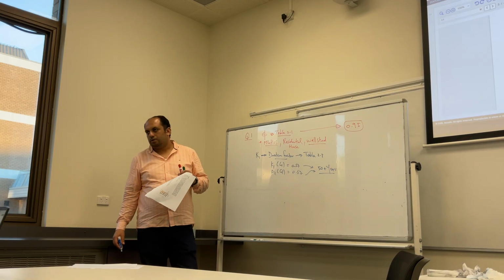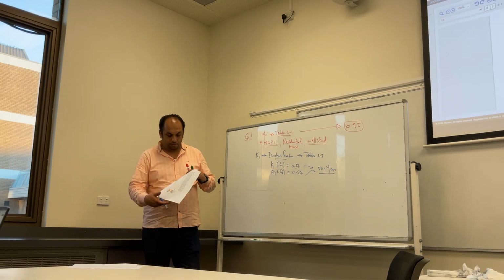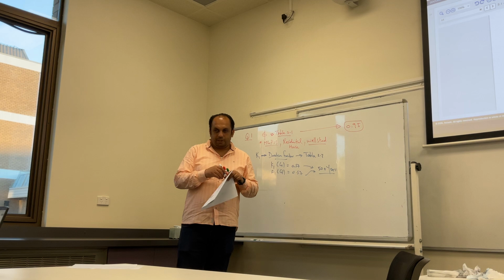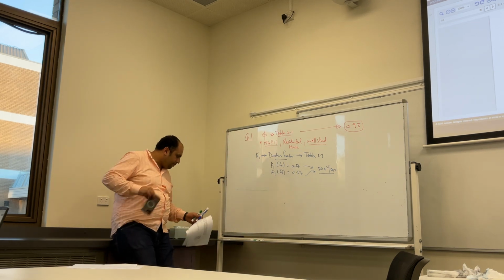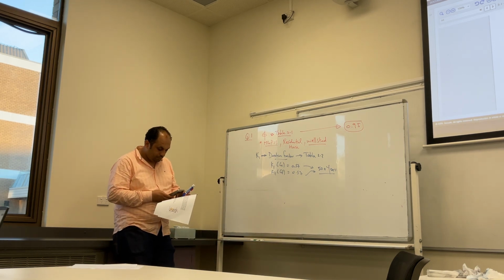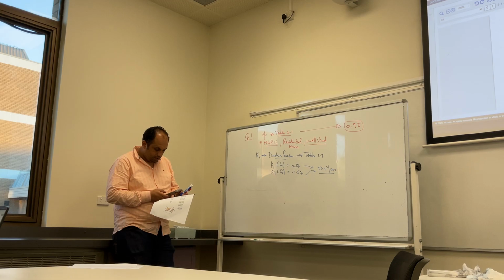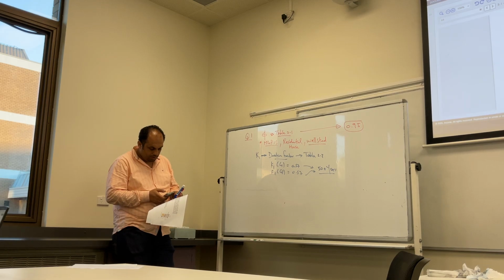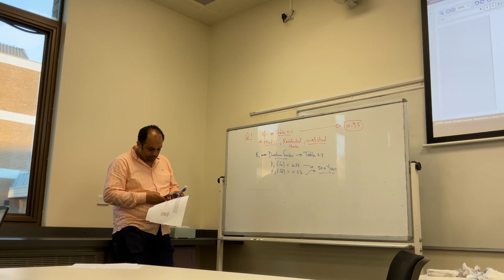Okay? What is the next step? Or what is the next factor? K4. Where to find K4? Table G1.